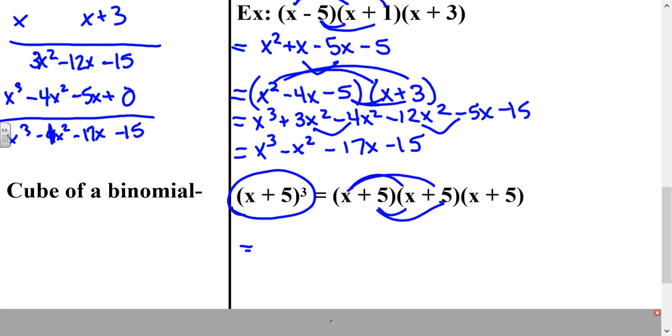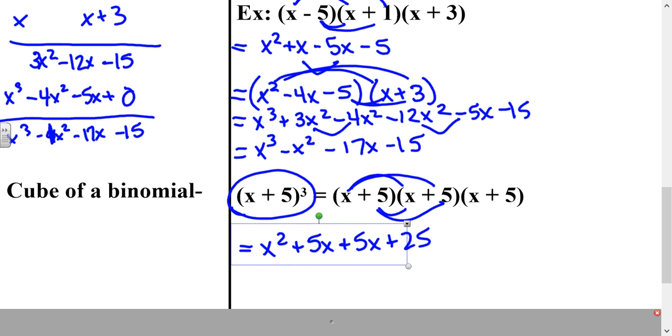So we would have x squared, and then x times 5 would be 5x, and then 5 times x would be 5x, and 5 times 5 would be 25. So if I combine like terms, I get x squared plus 10x plus 25.